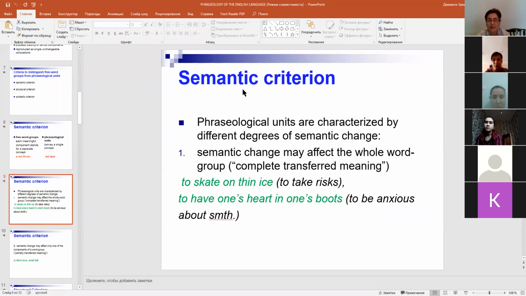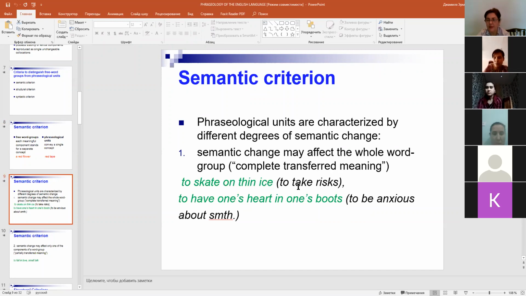Let's continue. What is semantic criterion? So, phraseological units are characterized by different degrees of semantic change. Semantic change may affect the whole word group. Complete transferred meaning. For example, to skate on thin ice.